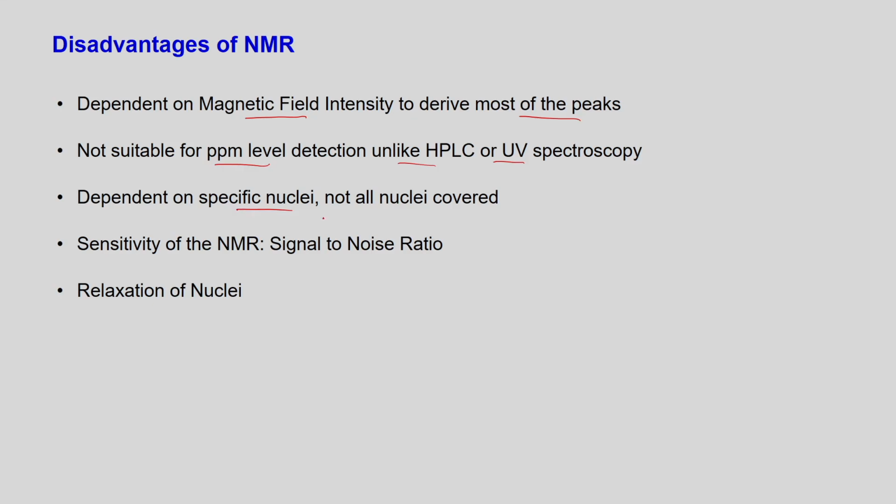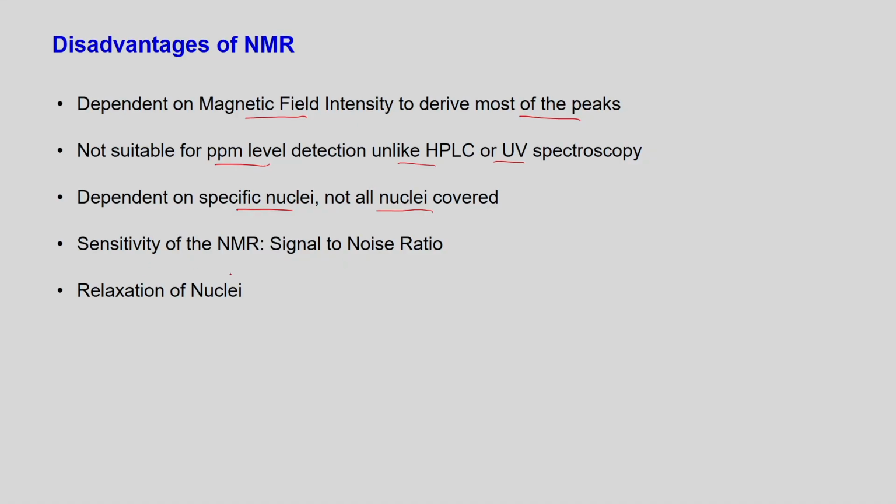Next, it is dependent on specific nuclei. In the starting of the lecture, I told you that we are only doing spectra on those nuclei which are abundant in nature, like hydrogen, then carbon 13. Odd mass number nuclei, we are including fluorine, because oxygen 16 does not have any NMR spectra. Fluorine, then phosphorus 31, all those are odd numbered. Then there is the sensitivity of the nucleus, the signal to noise ratio, which is again related to the magnetic field, and the relaxation of nuclei.